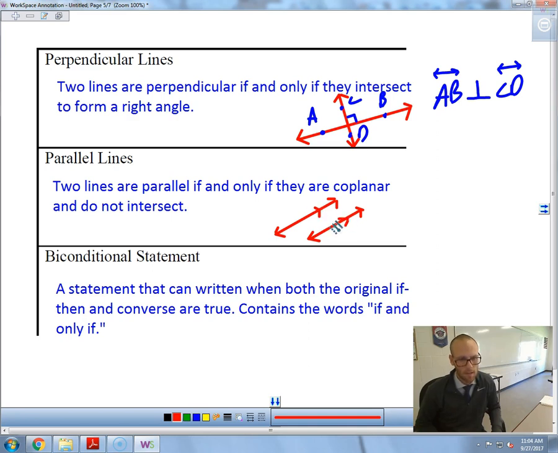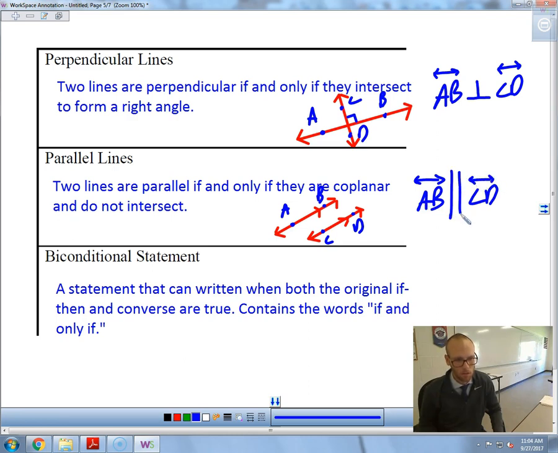When I see that extra set of arrows, that's telling me that those lines are parallel. Now let's talk about how we write that symbolically. I've got line AB. I have line CD. My parallel symbol looks like two parallel lines, vertical, going up and down.